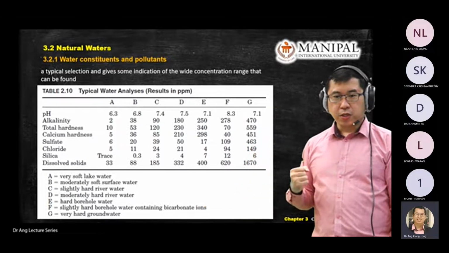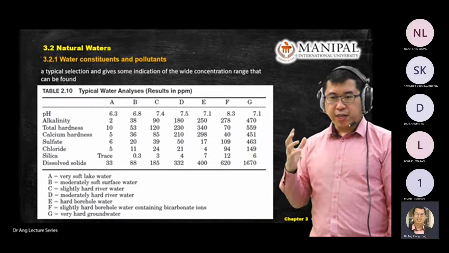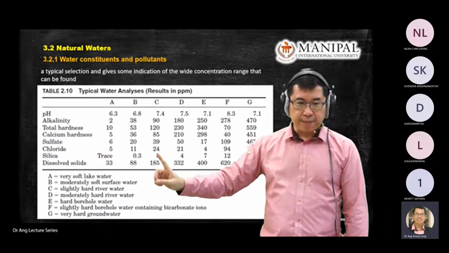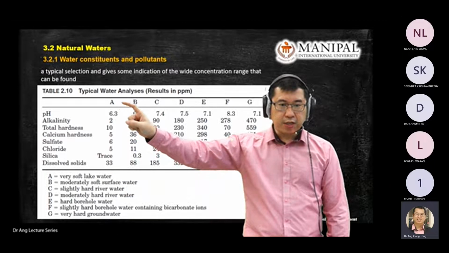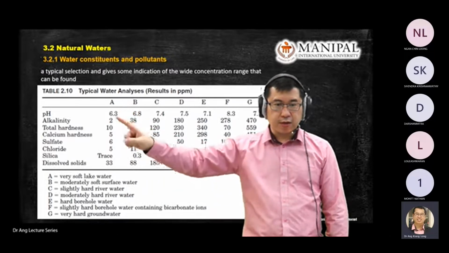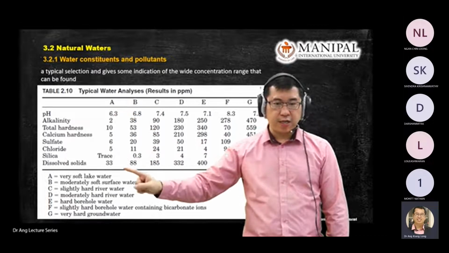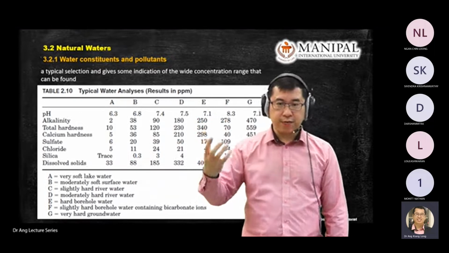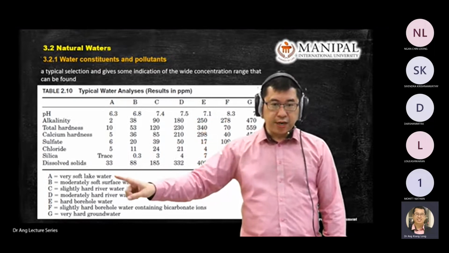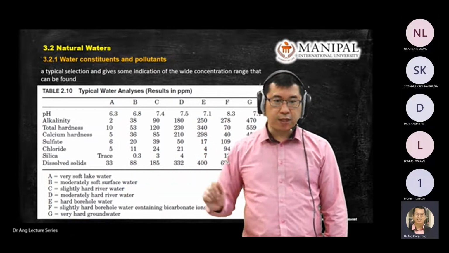Okay. So if you're given, for example, pH. If the pH is lower than 6.3 or very near to 6.3, you say that the sample you send for test is very near to very soft lake water.